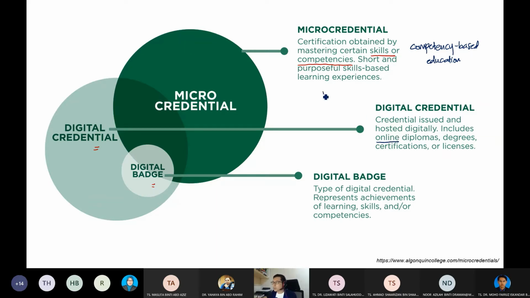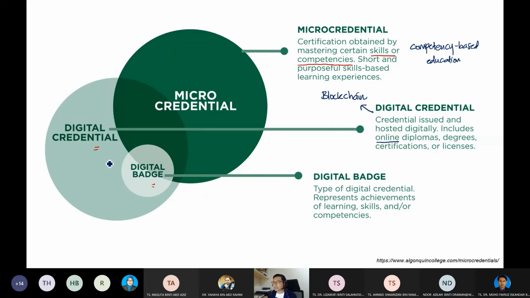And people are talking about blockchain right now, about how to actually make digital credentialing safe, secure, and transferable, and you won't have any fake degrees anymore. So people are talking about blockchain here, but that's for another topic.